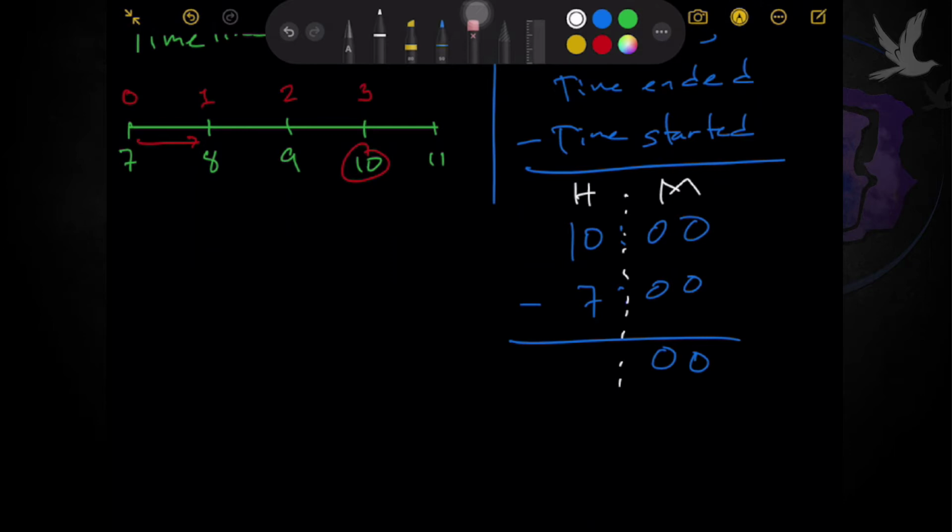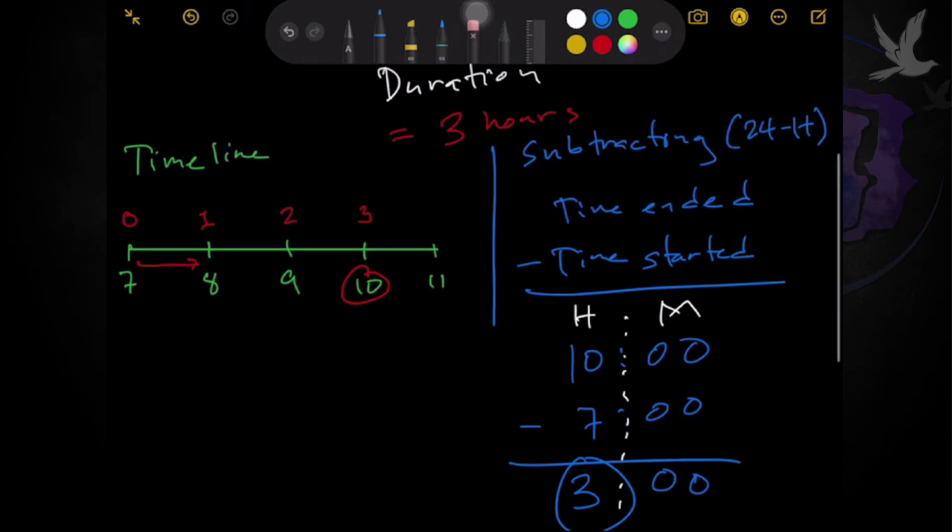But in this case, as you can see, since you can subtract this normally without borrowing, it's easy. Again, if there is no borrowing, then subtracting time will be very easy. But if there is a borrowing process, it will be hard. So again, in the hours, 10 minus 7 will give you 3. Hence, the answer here is 3 hours. Just the same as what we had earlier.